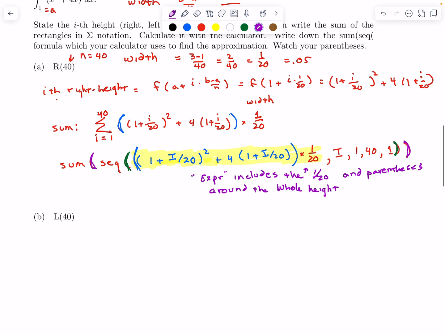So be careful with that. That's going to be the hardest thing on this whole paper, is to make sure that you get the stupid parentheses right. Okay, so the left-hand height, you'll do it properly first.